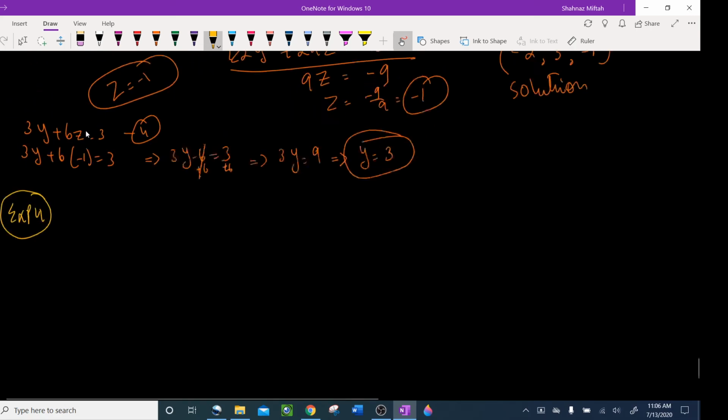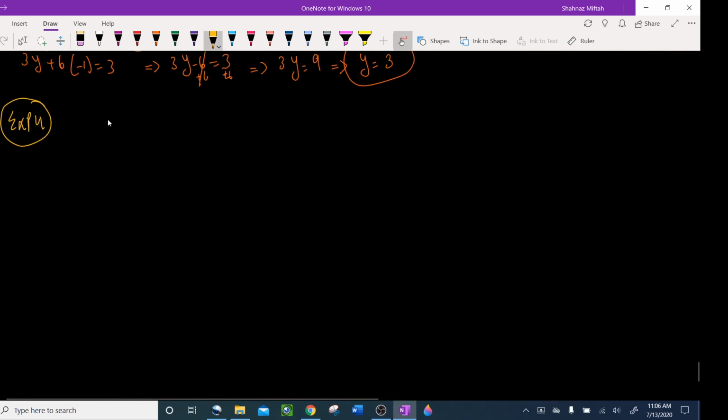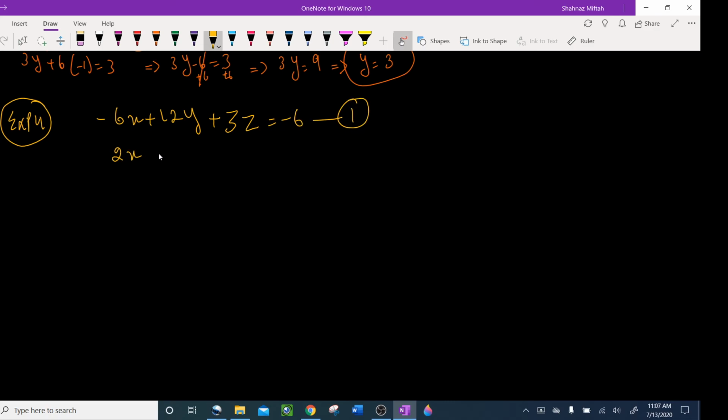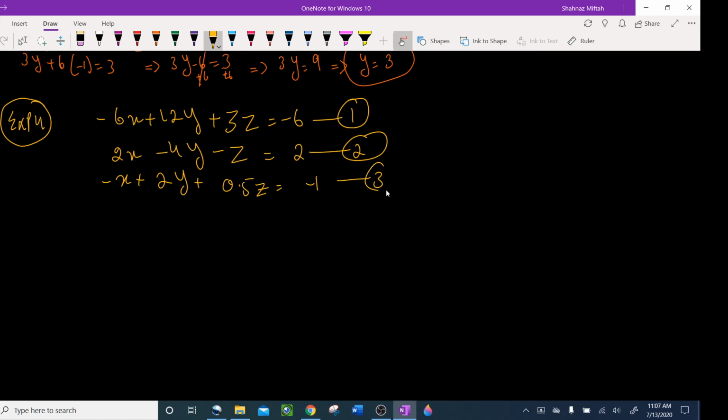I have the equations negative 6x plus 12y plus 3z equals negative 6, equation number 1. 2x minus 4y minus z equals 2, equation number 2. Negative x plus 2y plus 0.5z equals negative 1, equation number 3.